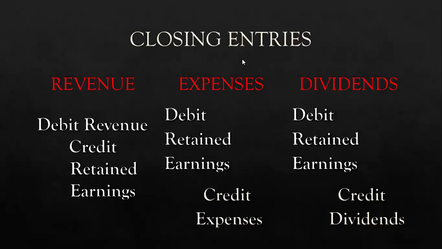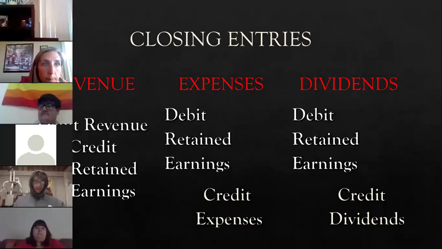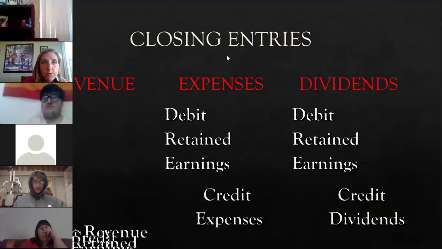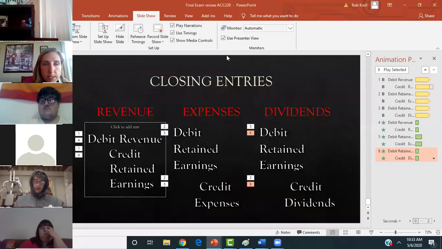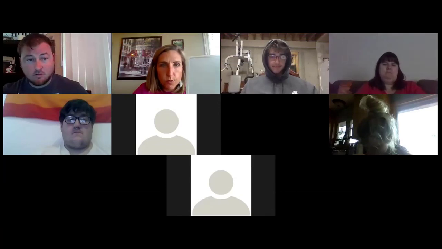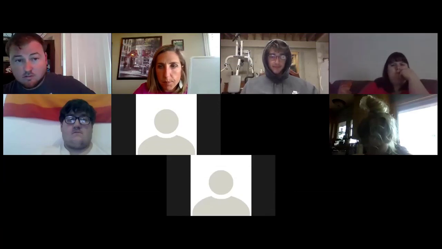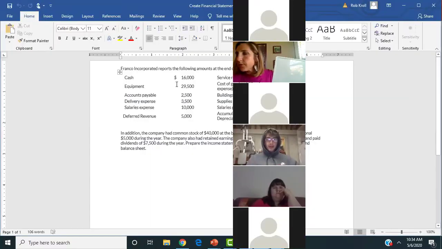Any other questions on the closing entries? Nope. Okay, last thing then for this review is going to be for us to create the financial statements. So I'm going to share my screen with you again for you to see the problem. So remember, the first financial statement that we create is the income statement.